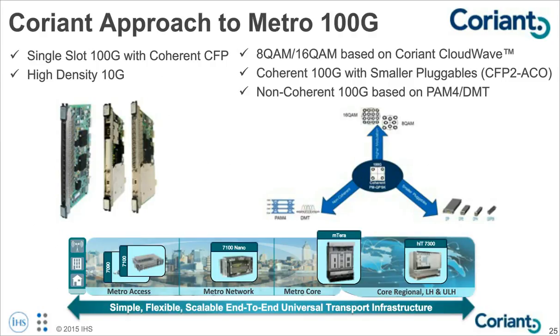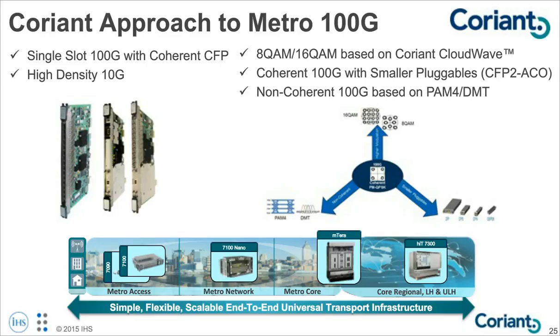Okay, so what's the coherent approach to 100 gig in the metro? Well, today we have single slot 100 gig with coherent CFPs, as well as very high density 10 gig with 8 10 gig transponders based on SFP plus on a single module in our metro products. In the short to medium term, we see a strong role for each of the approaches that I discussed previously.